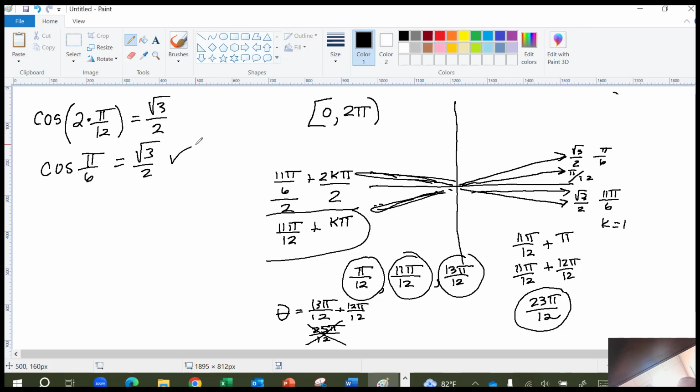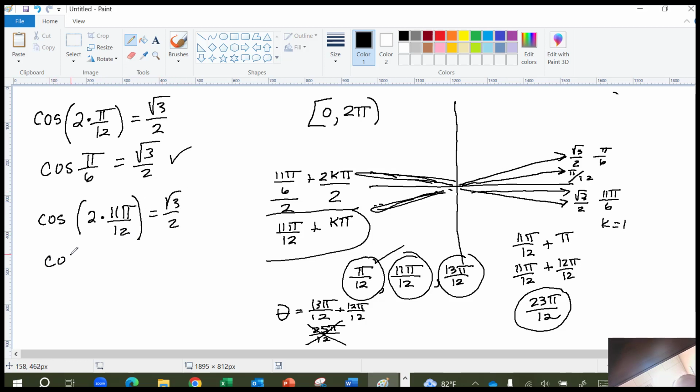Okay? We're saying that the cosine of, gotta remember, gotta twice it, twice 11 pi over 12 is the square root of 3 over 2.